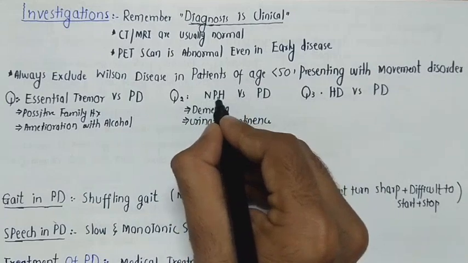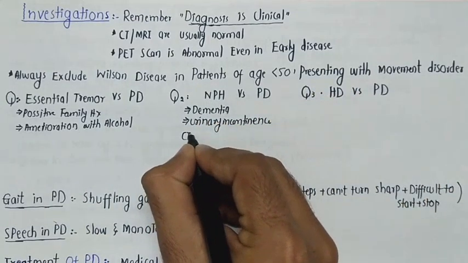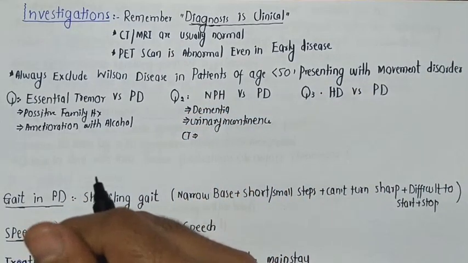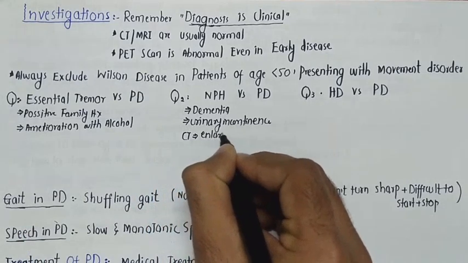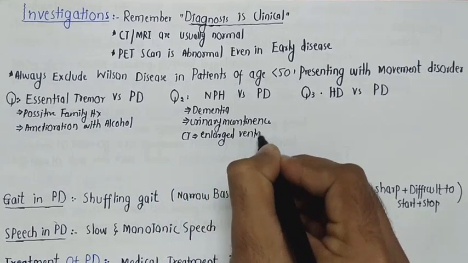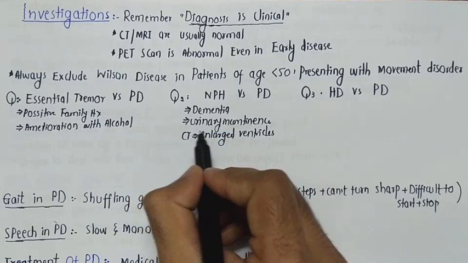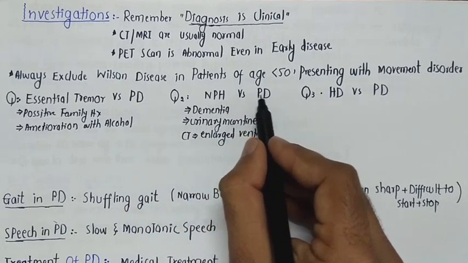When you do a CT scan in normal pressure hydrocephalus, there will be enlarged ventricles. So, through these features, you will differentiate normal pressure hydrocephalus from Parkinson's disease.